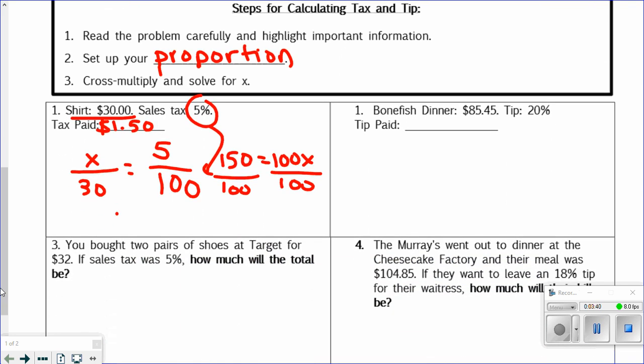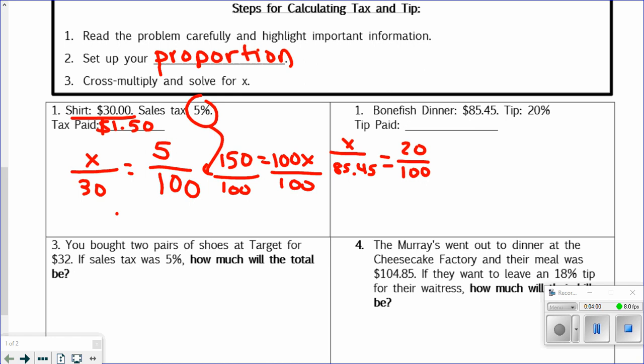All right, let's take a look at the next one. Same thing, Bonefish dinner. It's $85.45. I want to give them a 20% tip. So we're going to try to figure out what's the tip in money. We know the percentage of the tip, but we don't know the money tip. So I've got x over $85.45.